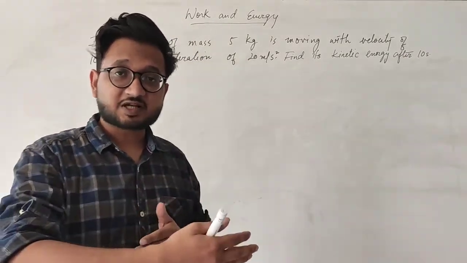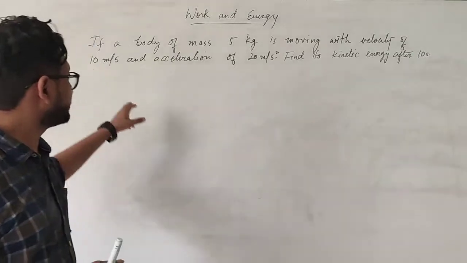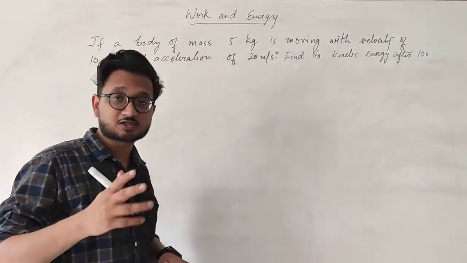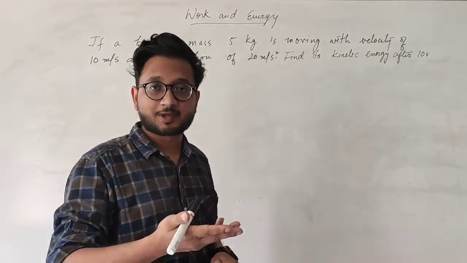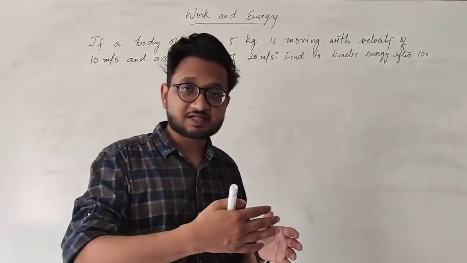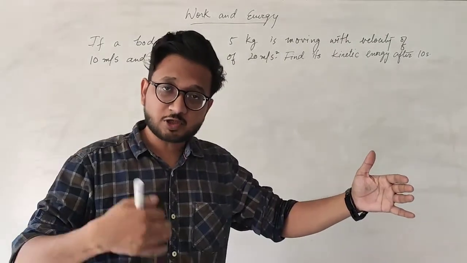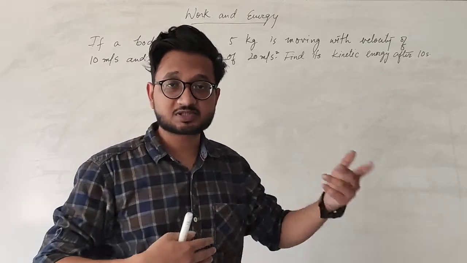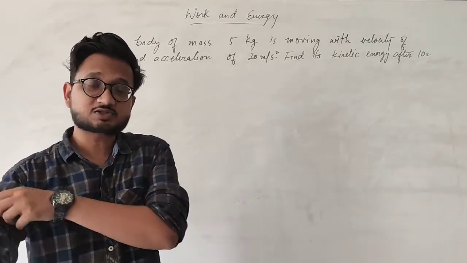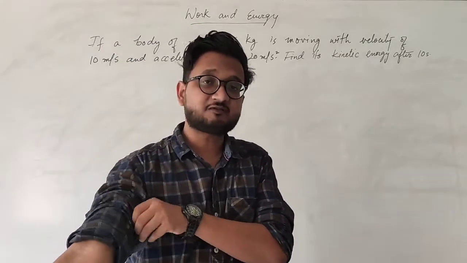The question says to find its kinetic energy after 10 seconds. So after 10 seconds, its velocity is not going to be 10 meters per second because its velocity is increasing. It is going to be something else. And because it is going to be something else, you need to find the final velocity.